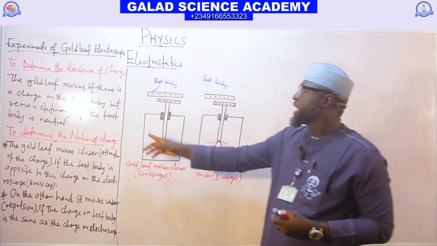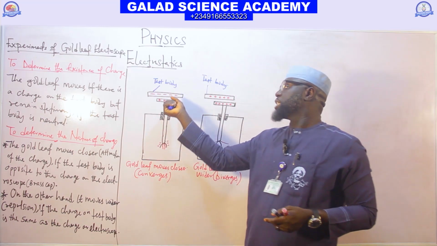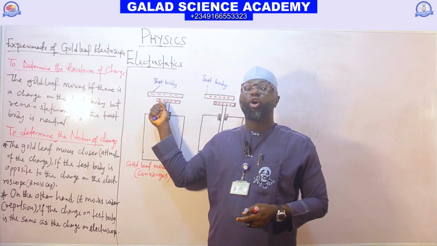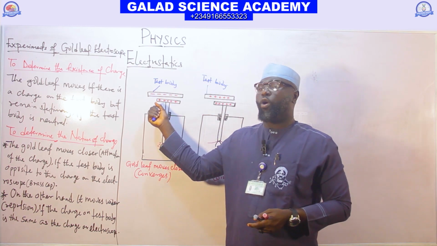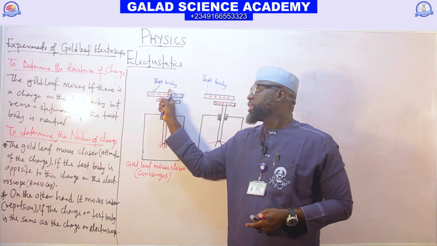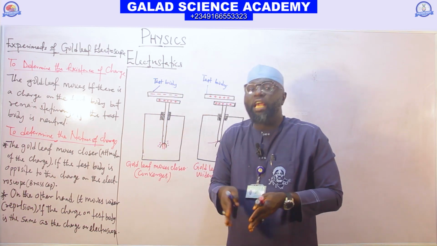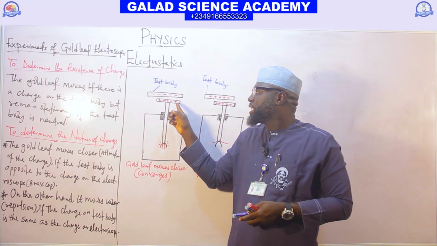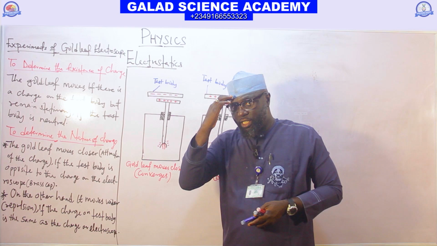So that is when the test body is placed on a gold leaf electroscope of positive charge, and this test body is unknown, and the leaf moves closer. It will tell you that the test body is opposite of this positive, which is negative.